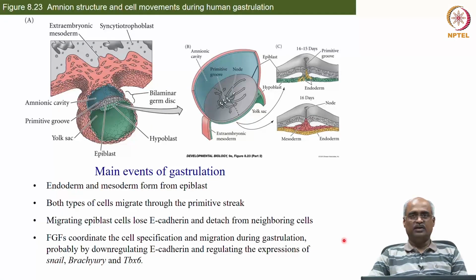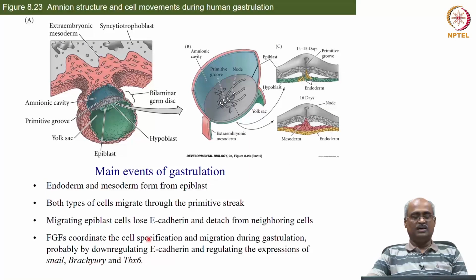And one of the potential downstream targets of FGF is the E-cadherin. So, E-cadherin level is probably down regulated by the FGF signaling, and therefore, that facilitates the detachment of these cells. And also it regulates the expression of these transcription factors SNAIL, BRACHYURY and TBX6, and these are essential for those fate specifications.